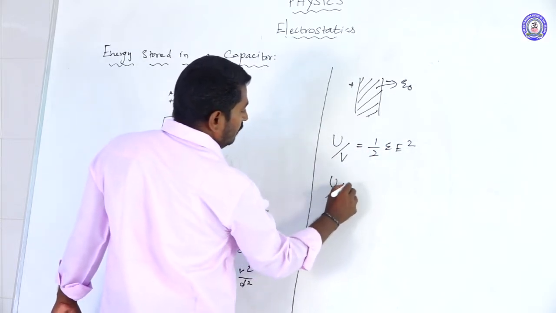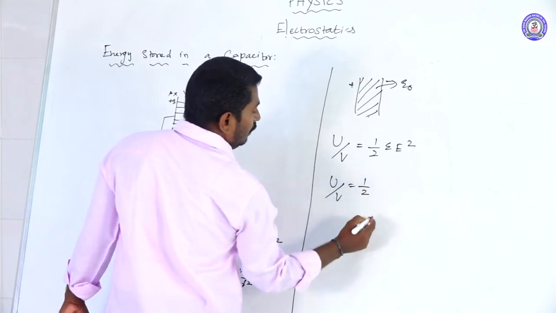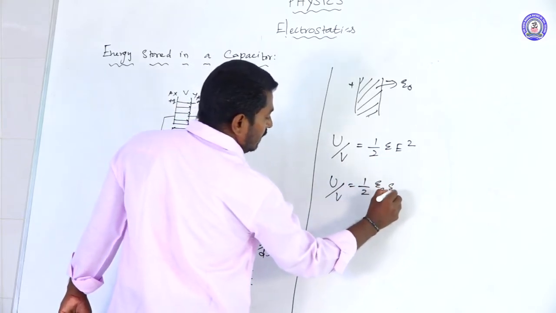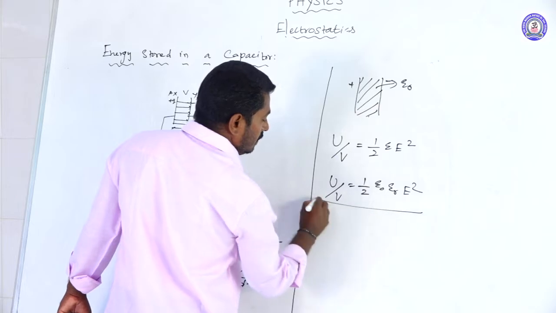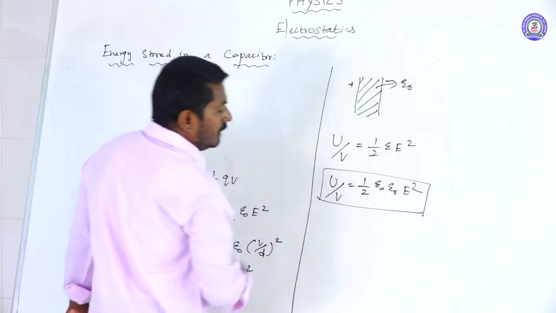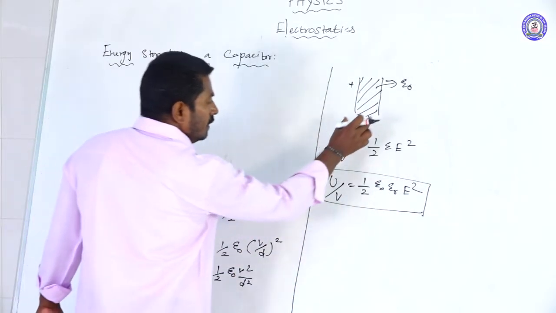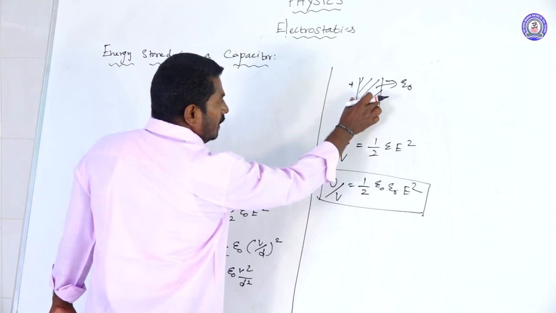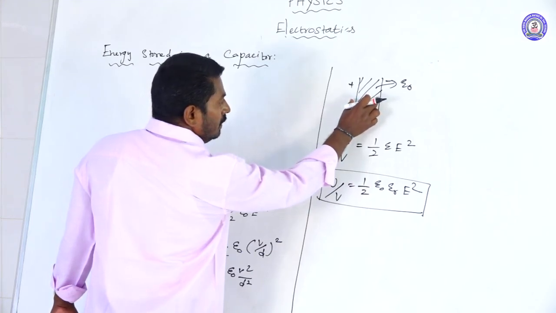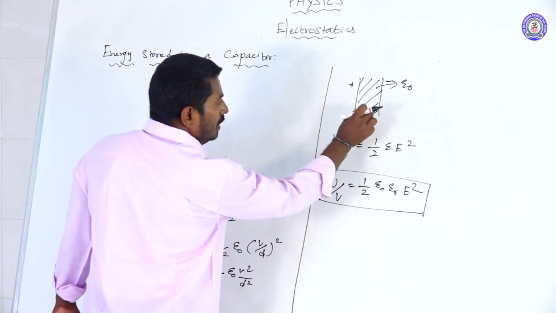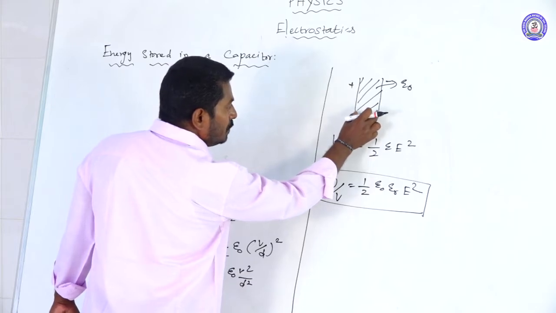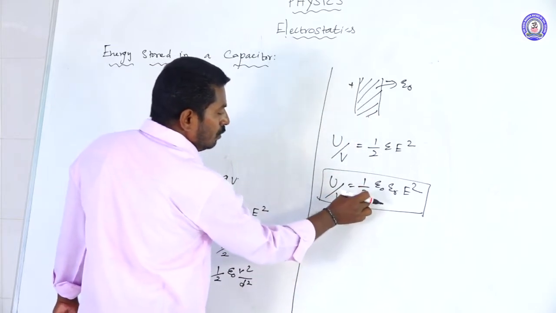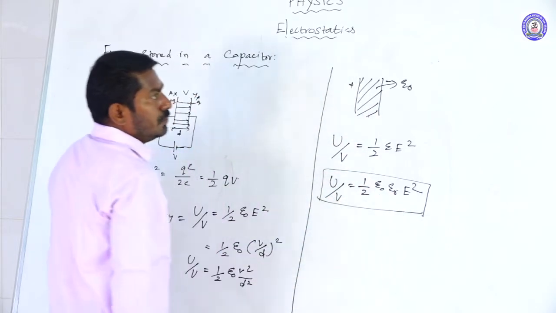So U divided by V, which is equal to half epsilon naught E square, is the energy density. It means energy stored between the two plates of a parallel plate capacitor per unit volume of the space within a medium is equal to half epsilon naught E square.